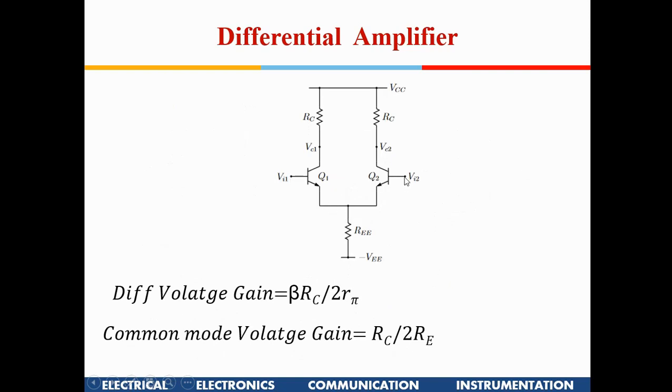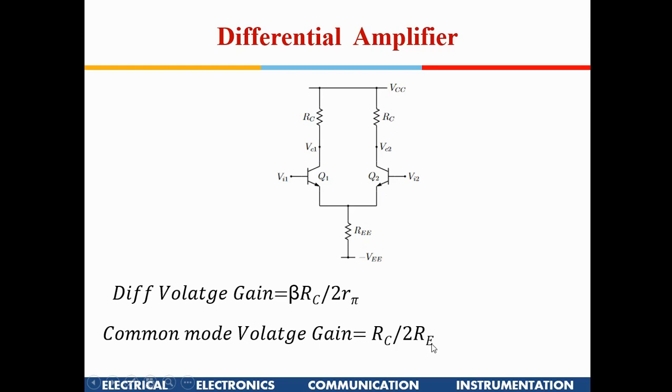Whereas when you give a common signal at both inputs, because of this RE some current will flow. What is that current? This circuit we have seen in part one: it is a common emitter amplifier with an emitter resistance, and the gain is RC divided by RE.